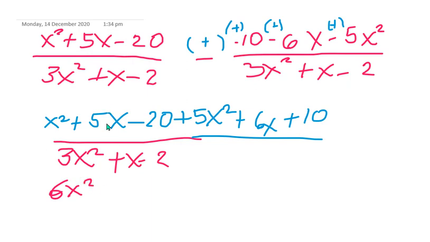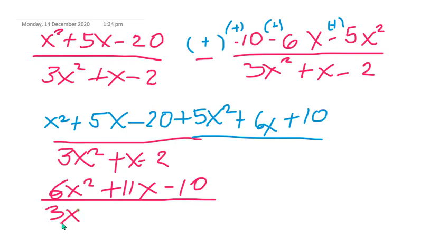Okay? 5x plus 6x is equal to 11x. Negative 20 plus 10 is negative 10, over, copy the denominator, 3x squared plus x minus 2.